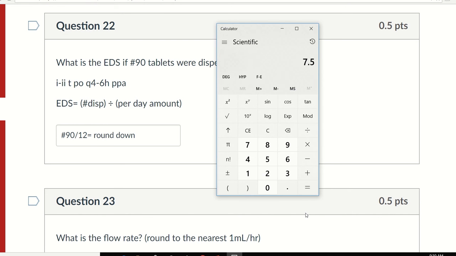We are rounding down because we cannot give them a half-day supply of drug. They will run out. We give them 90 tablets, which only lasts them 7 days. We do not round up EDS because they'll run out. We do not give partial day supply. So we round it down because they're going to come back on day 7.